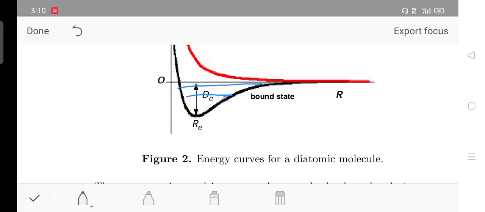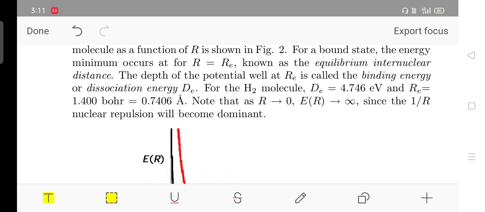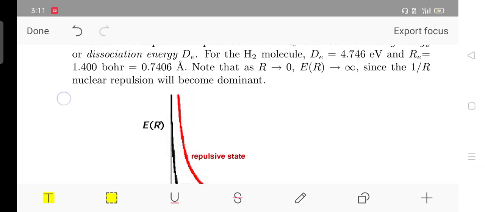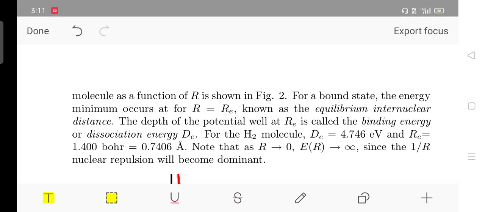Below zero, that is, for negative values of energy, the states are bound. For a bound state, the energy minimum occurs at R equal to Re, known as the equilibrium internuclear distance.